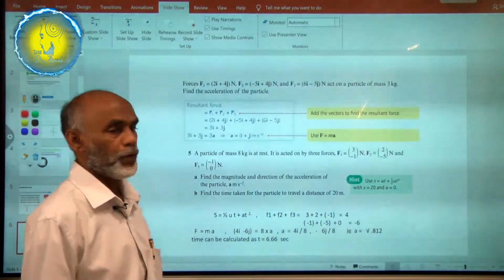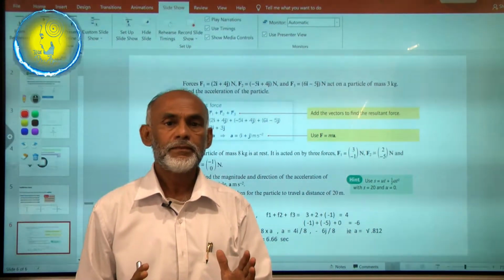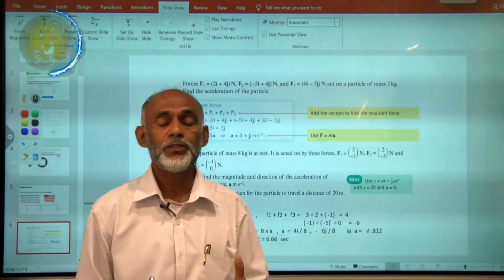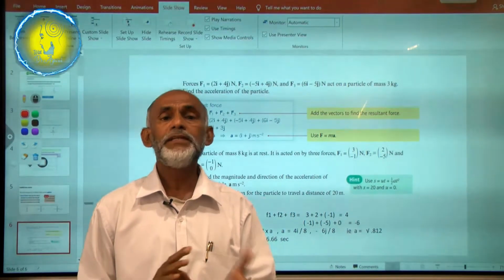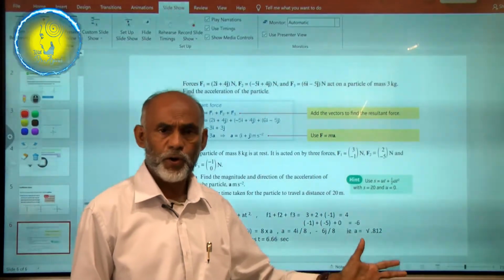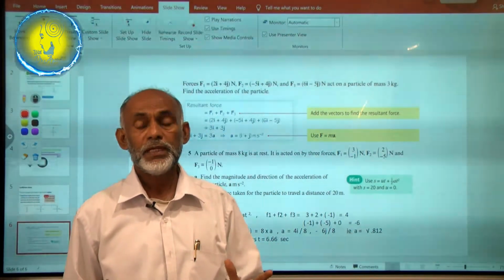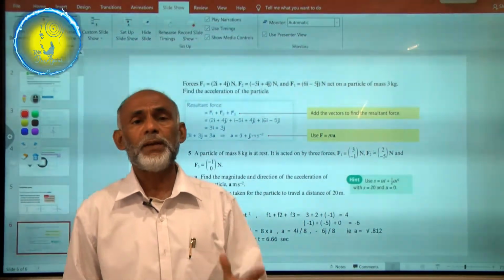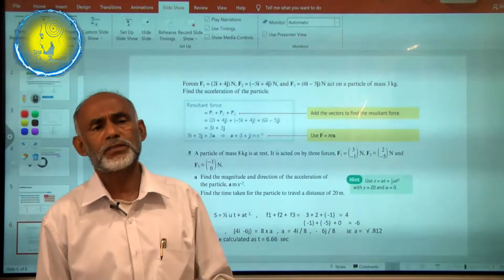Okay students, from today's slide, what we understand, the force diagram, you should be able to draw a force diagram, and we distinguish between Newton's first law and Newton's second law. Keep in mind, Newton's second law is only applicable when the acceleration is constant.